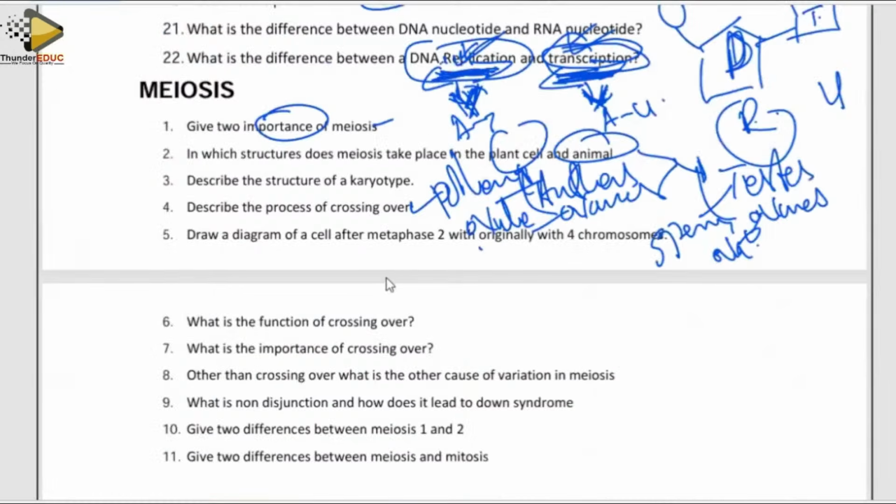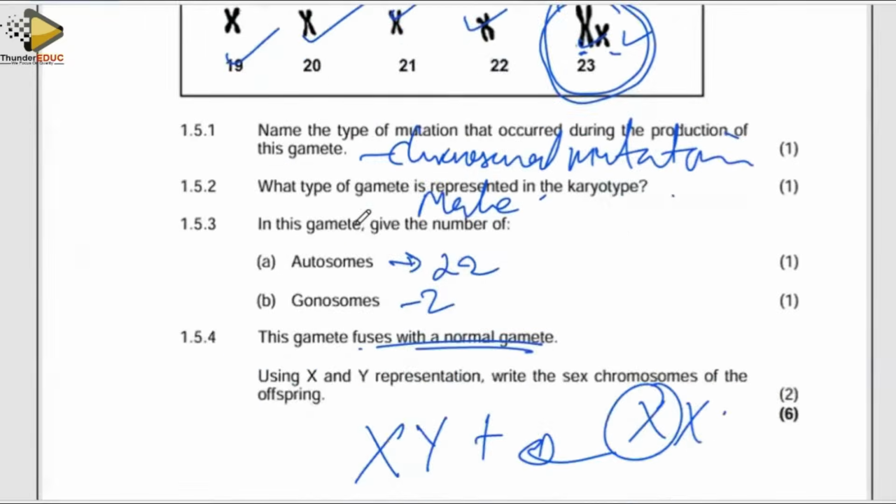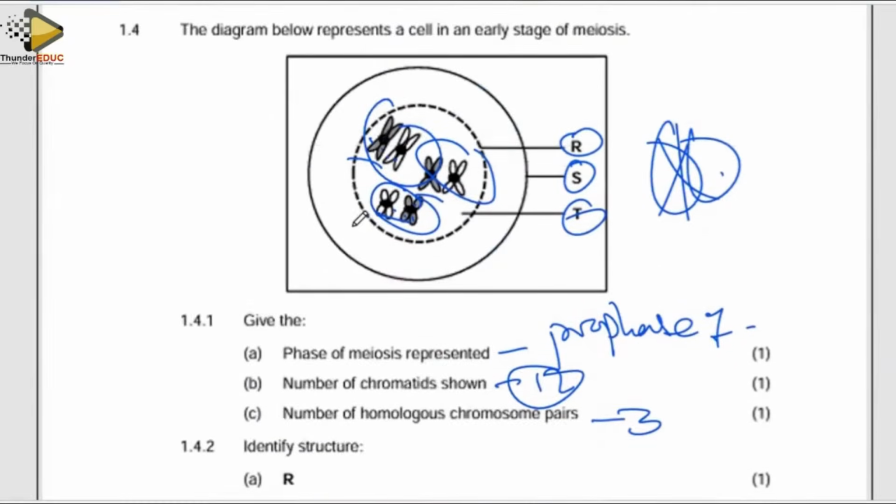Draw the diagram of the cell after metaphase, originally with 4 chromosomes. They don't usually bring you this question like this. Sometimes they just say draw this cell at the end of telophase 1. At the end of telophase 1, don't forget to label telophase 1 in the caption.